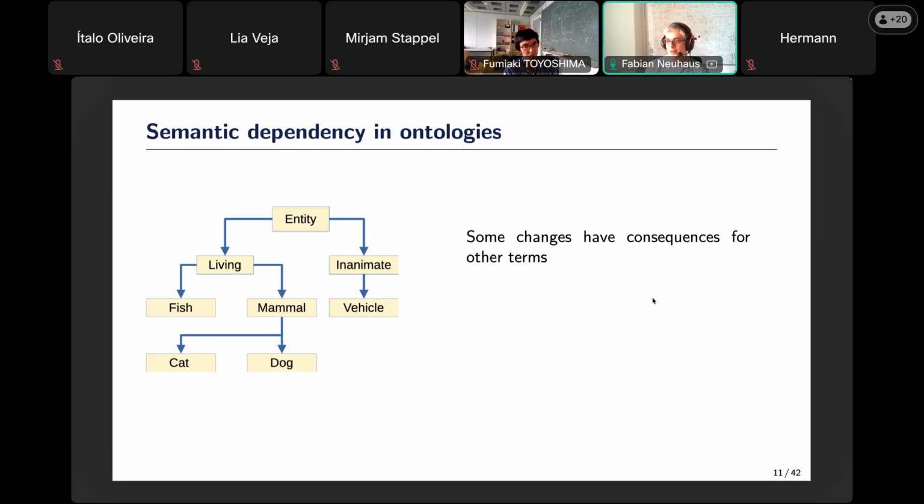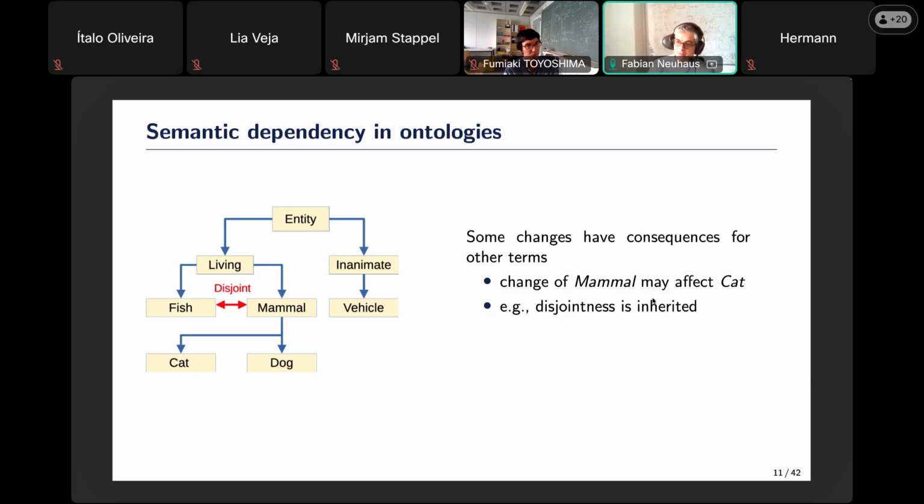So, if you have a toy ontology involving fish and mammal, and I add a new axiom which says fish is disjoint with mammal, that doesn't just affect the semantics of fish and mammal, it also affects the semantics of cat, because the disjointness axiom is inherited from mammal to cat.